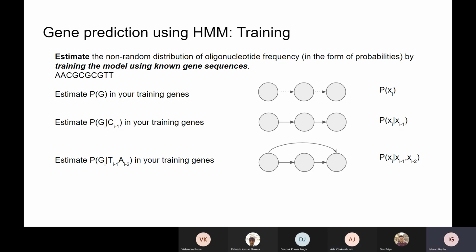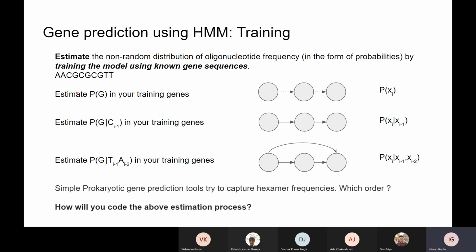So when I say we train these models, you give some known sequences. When I say you'd be training a hidden Markov model or a Markov model, you would be training the models from known gene sequences, right? And you could be training the kth order Markov model based on some prior data that you would be giving to these algorithms.